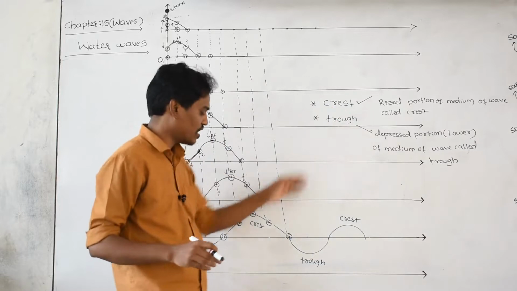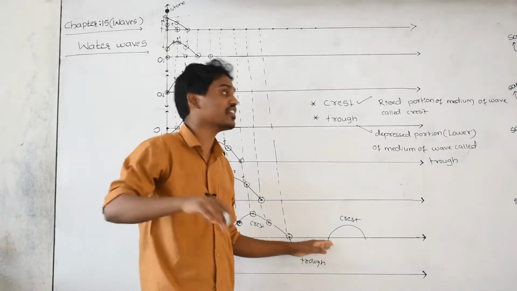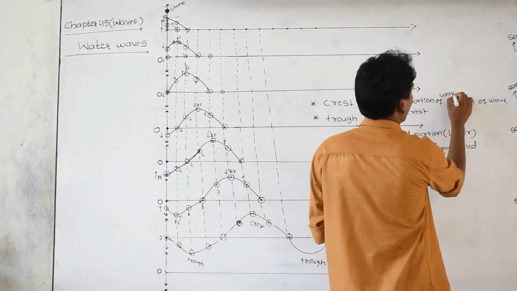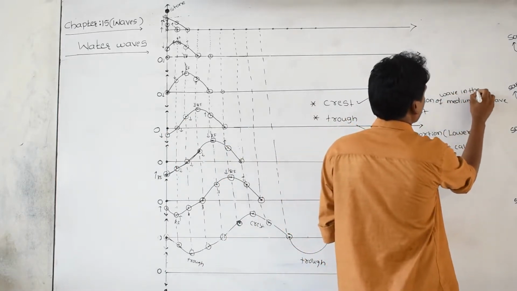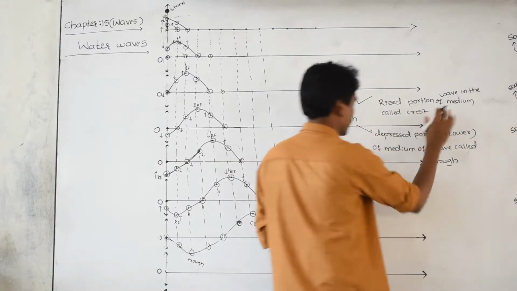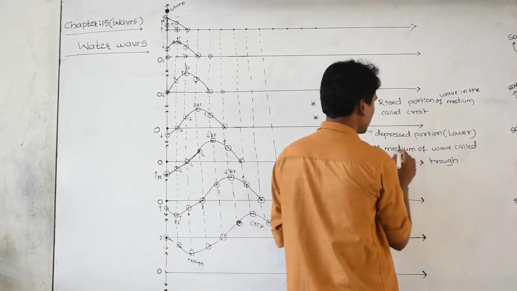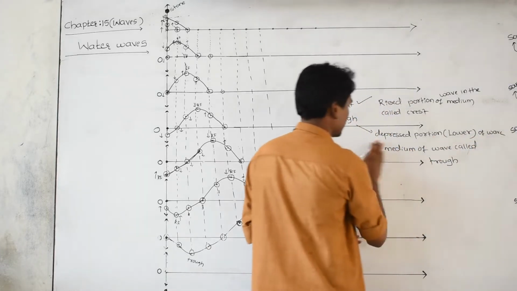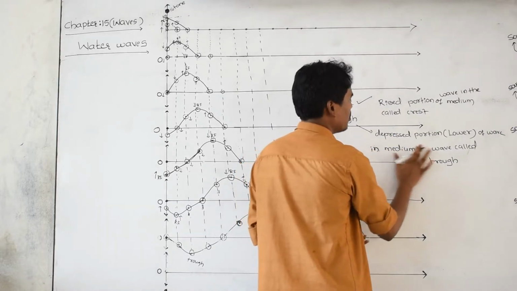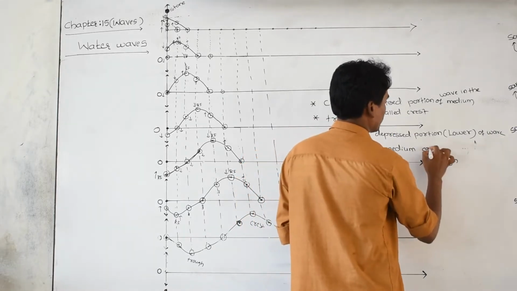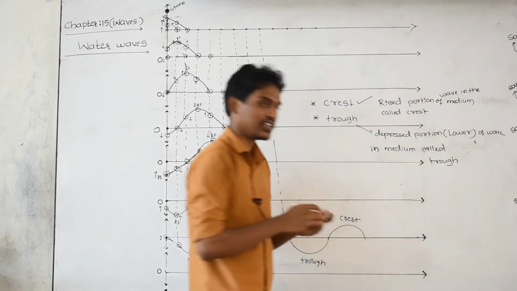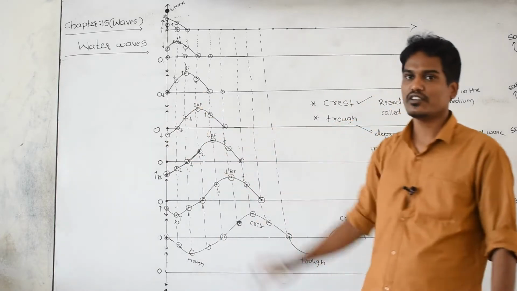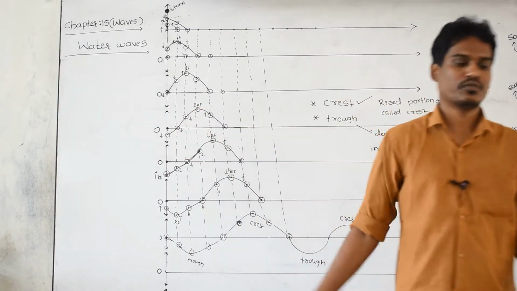The depressed portion of the wave in the medium is called a trough. Please practice how the wave is generating in the water, and this is transverse in nature, and please remember.